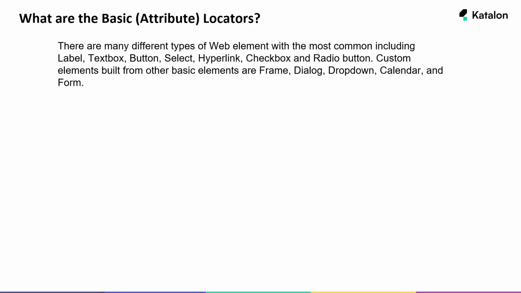So there are many different types of web elements, with the most common elements including labels, text boxes, buttons, hyperlinks, checkboxes and radio buttons. But there are some other custom elements built from the basic elements, like frames, dialog boxes, dropdowns, calendars and forms.